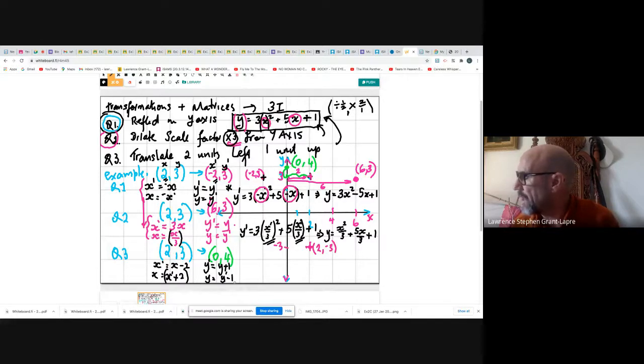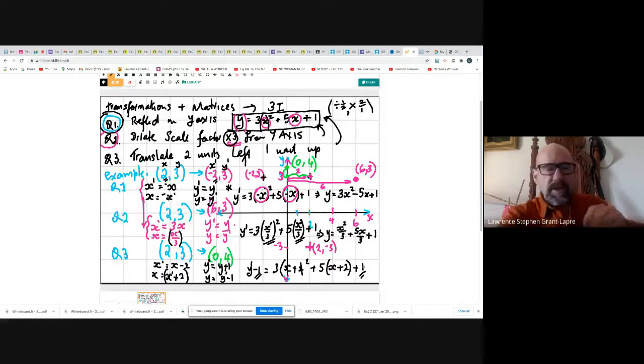So therefore, I will make that a y minus 1 equals 3(x plus 2) squared plus 5(x plus 2) plus 1. Okay, you could bring that minus 1 across to be plus 1, and it would simply end up being plus 2. Okay.